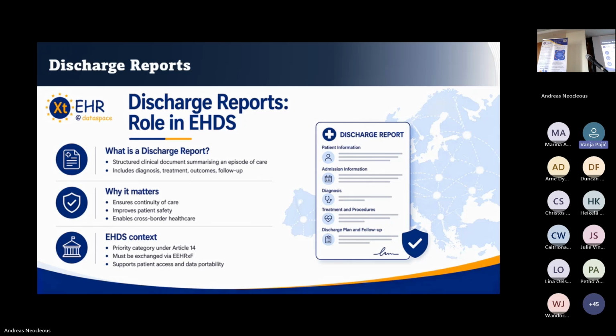One of the things that changed for us, especially in this task, was the change from hospital discharge report to discharge report. So the hospital was left out, further widening the scope of this priority category, and also moving it away from the actual guidelines that we were building our work on, the EHN guidelines and the work in previous projects. Next slide, please.